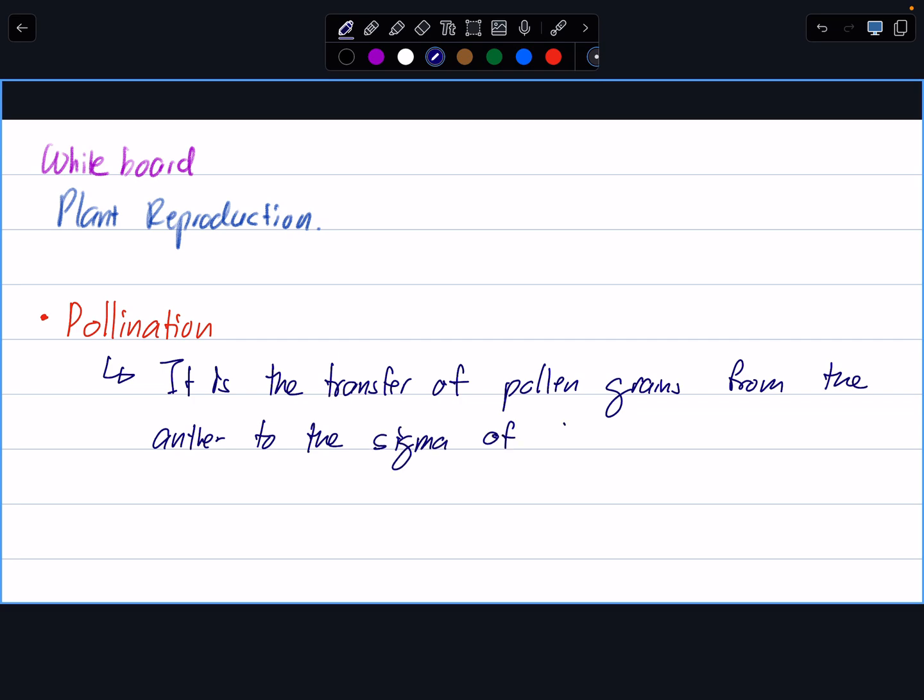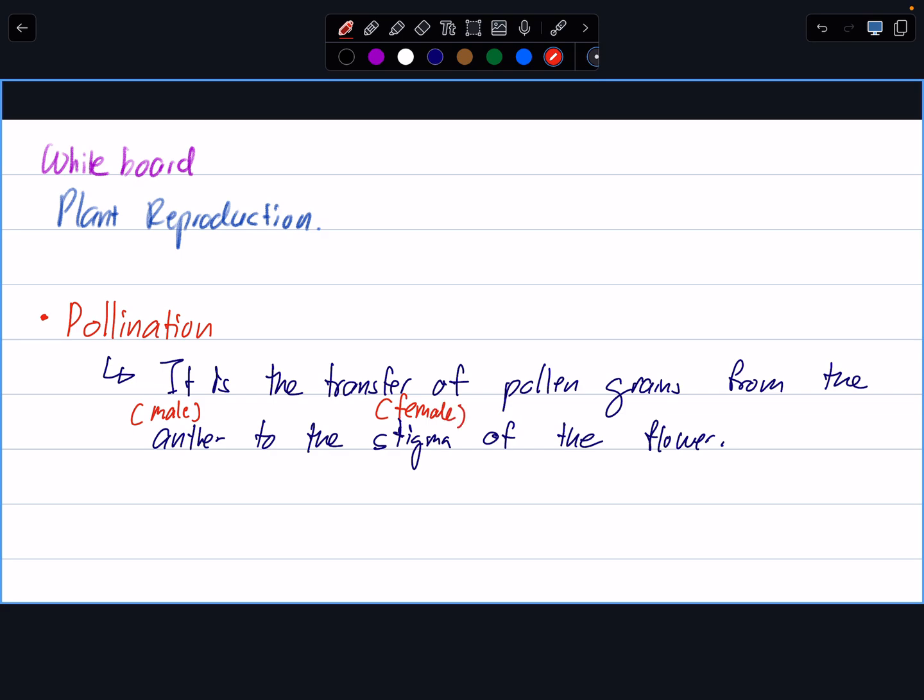of the flower. Okay, and we all know that the anther is the male part and the stigma, sorry, I made a spelling mistake here, I'm going to correct it right now, is the female part.